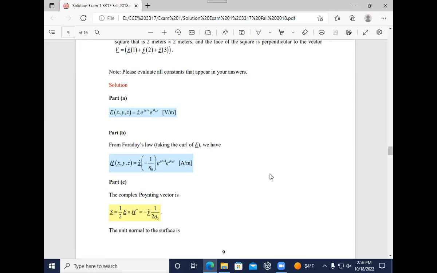The j's will cancel. Unit vector x, j pi over 4, e to the j k0 y. And then we'll have a term that looks like k0 over omega mu 0.